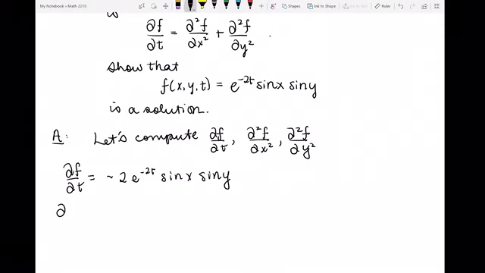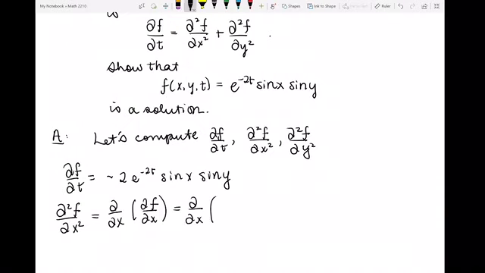Now I should calculate second partials with respect to x and y. First I will do the partial with respect to x, and notice I can just write this as the partial of the partial, of the first partial. And then I can calculate that first partial derivative with respect to x. In that case, I will treat the exponential here as a constant because it is with respect to x, and same with the sine of y. And I'll only differentiate the sine x here.